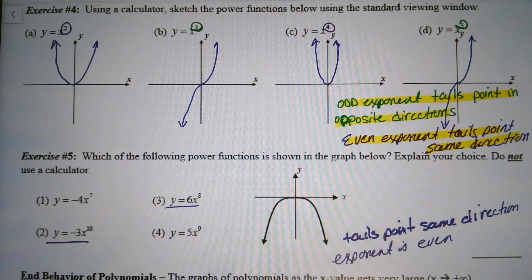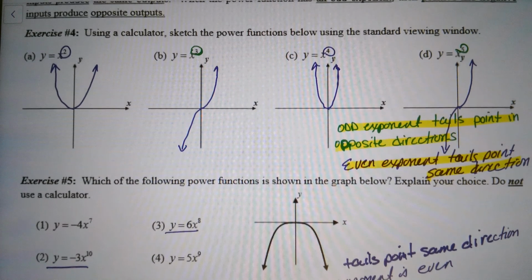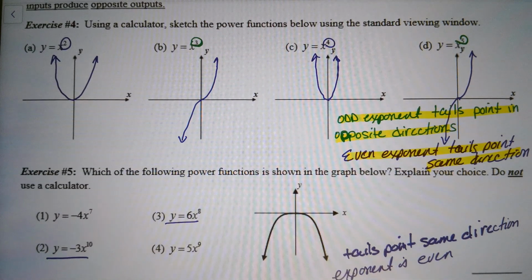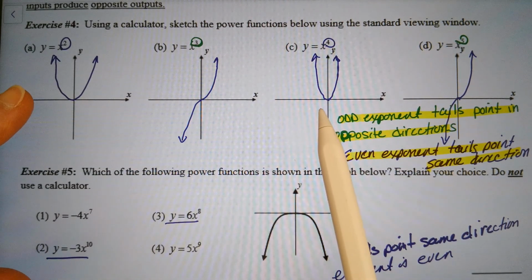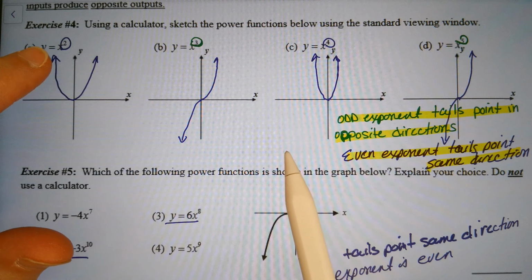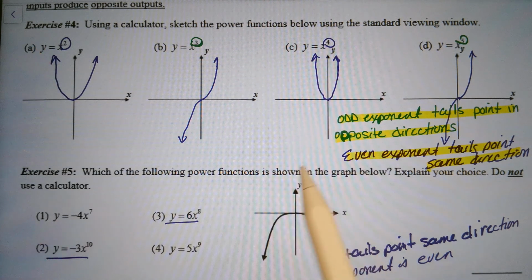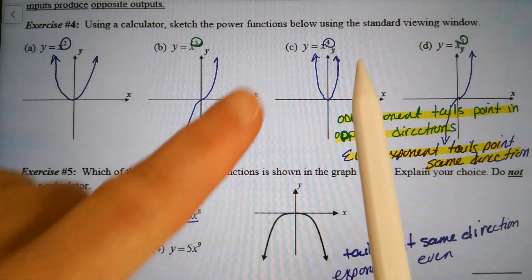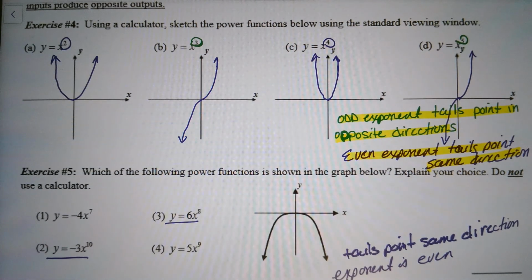And if we look back at 4A and 4C, the leading coefficient was a positive 1, and both tails pointed upward in the same direction. Well, here these tails point downward, so that means the leading coefficient is negative.